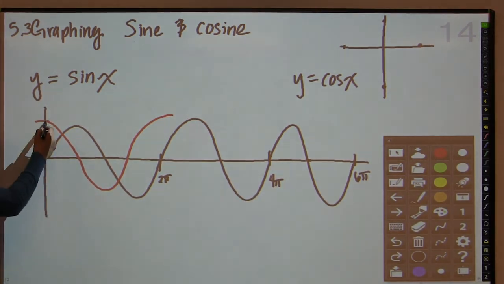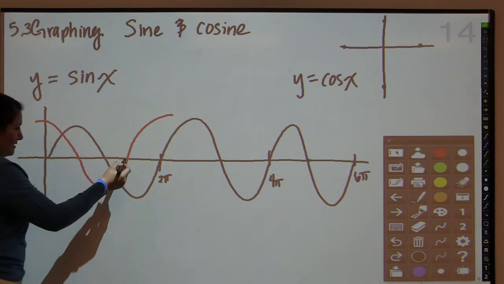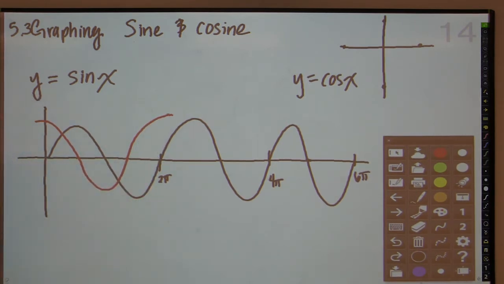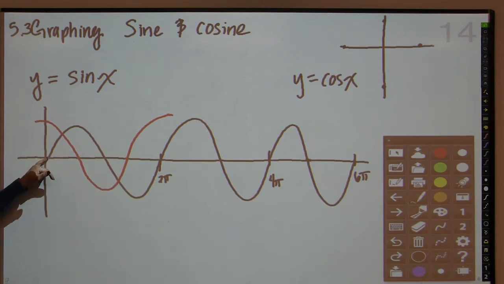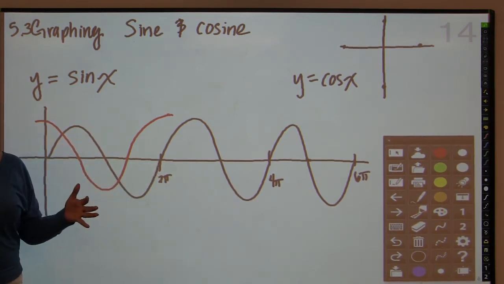It starts at its max, 0, min, 0, max. Always. A cosine curve will always start at its max and end at its max in one period. The sine curve will start at 0 and end at 0 in one period.